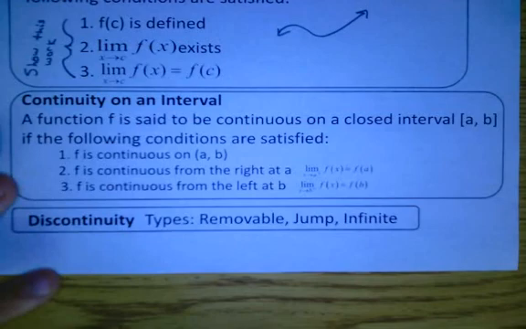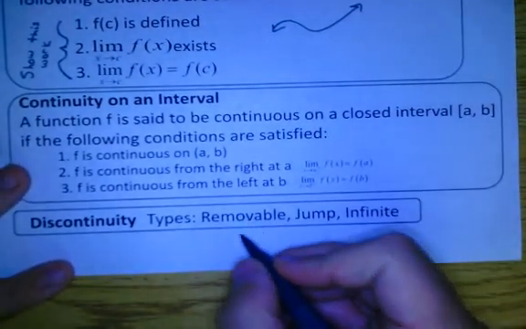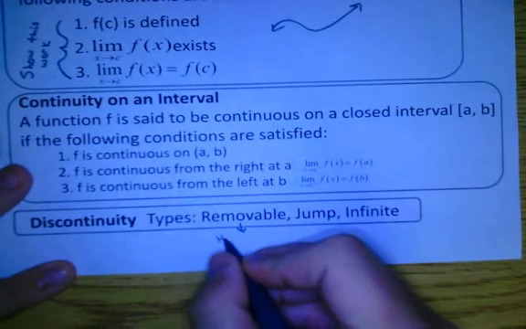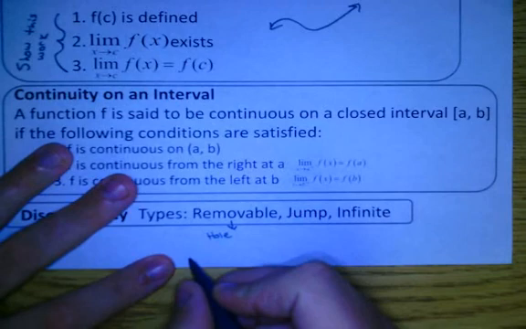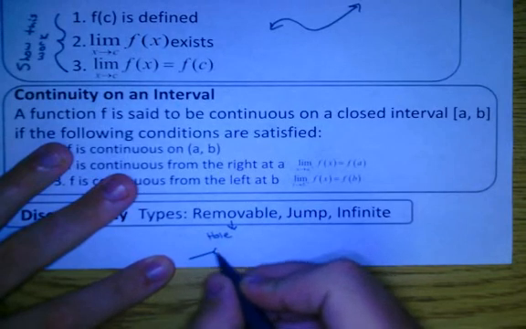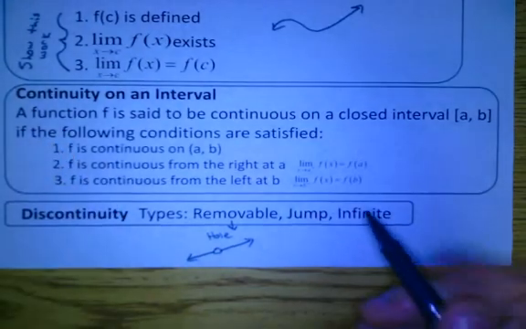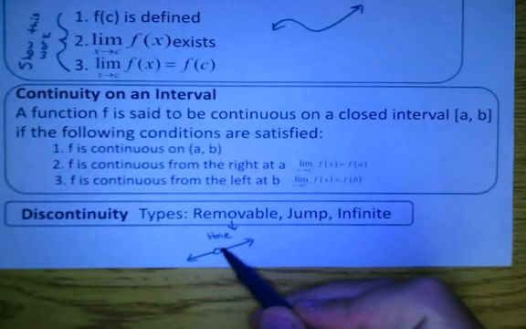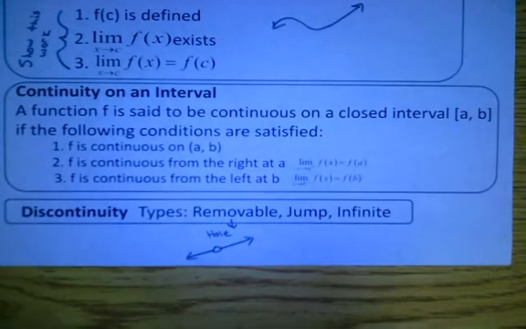Okay. Now let's talk about something that's not continuous. I'll draw these examples as well. Removable is the same thing as a hole. So removable would be if I have a hole in the middle of my function. The limit does exist there, but in order to draw this, I'd have to pick up my pencil.